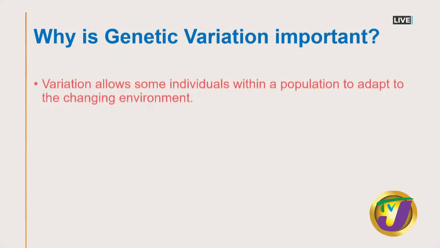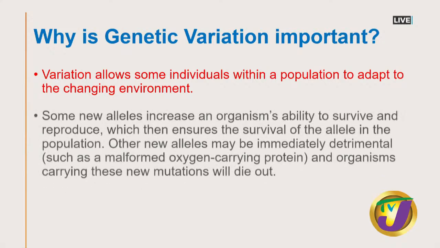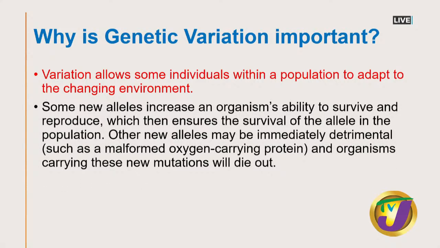The first one is that variation allows some individuals within a population to adapt to changes in the environment. So there are some alleles that increase an organism's ability to survive and reproduce, which then ensures the survival of the allele in the population.